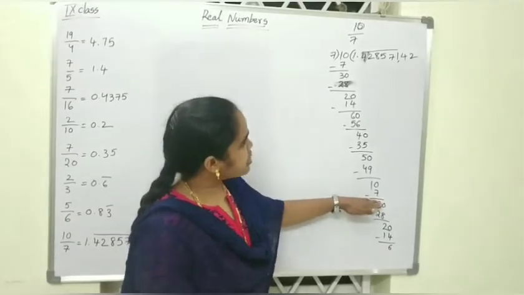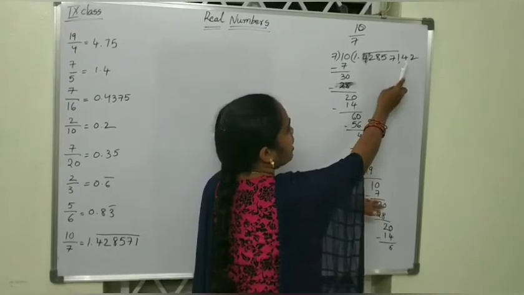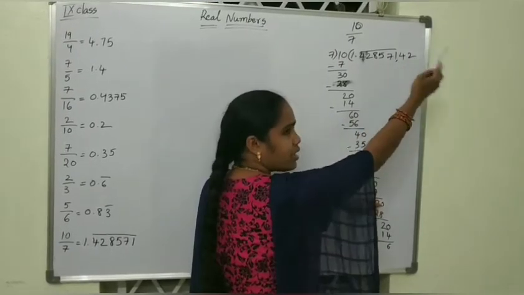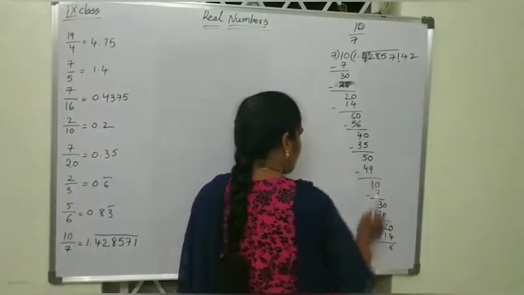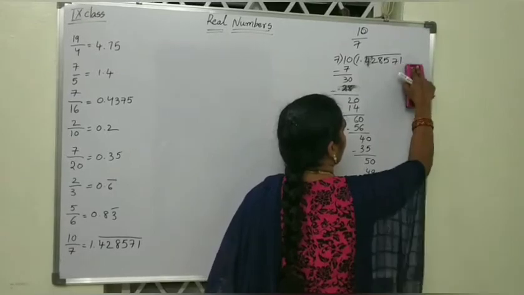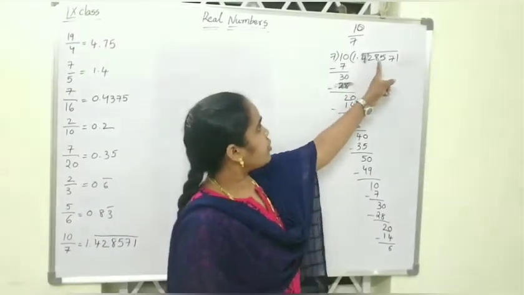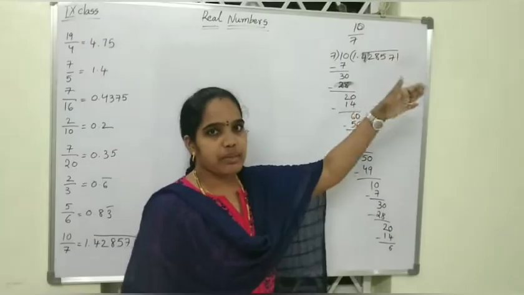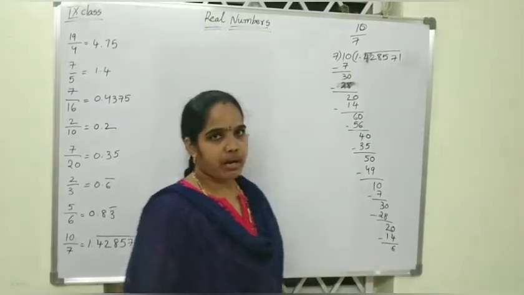So what is the quotient? Up to here, what quotient did we get? 428571. Again 428571 repeating. Next 428571. So there is no need to continue. We can stop the process. 428571 in the quotient is repeating, so keep a bar.